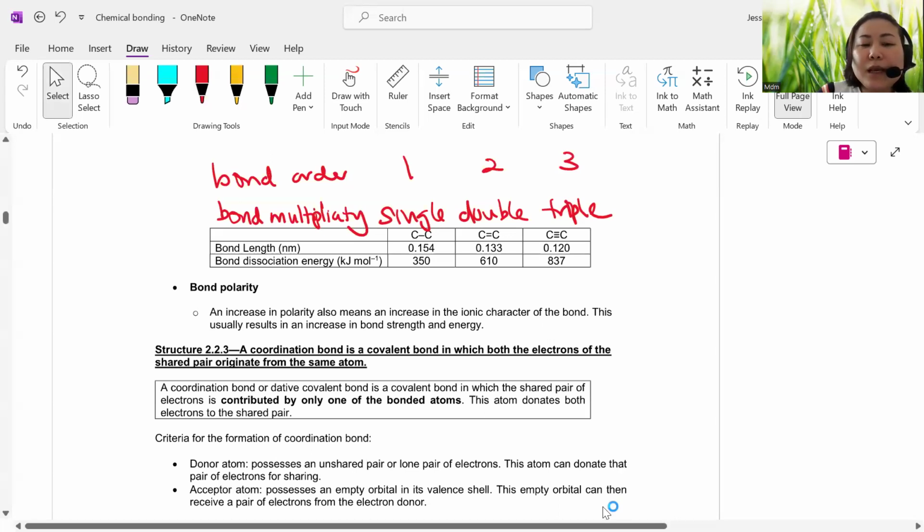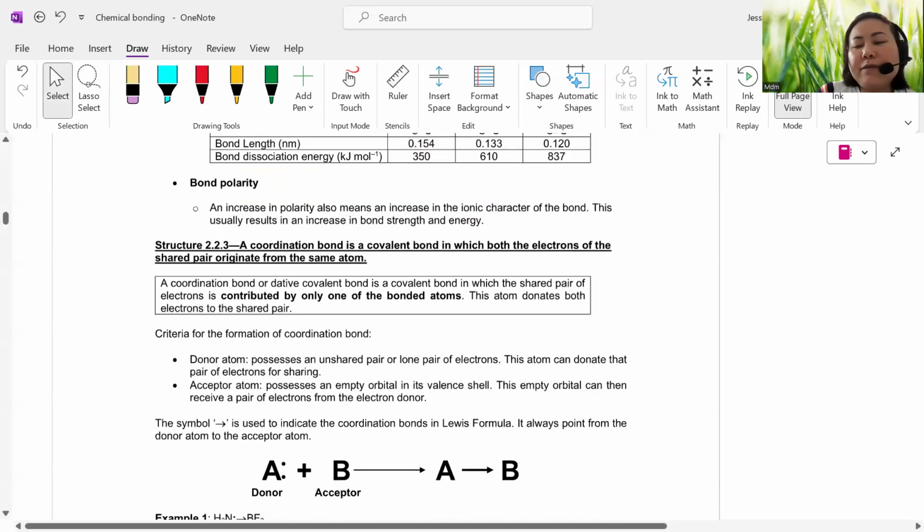Okay. Now, next, we can also have this term to describe a bond called bond polarity. Bond polarity means that in the bond, there's unequal distribution of shared electrons. So when there is a pair of electrons contributed for sharing between the two atoms, the sharing is not equal.